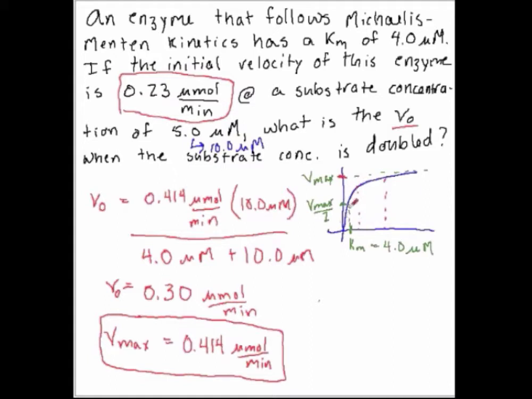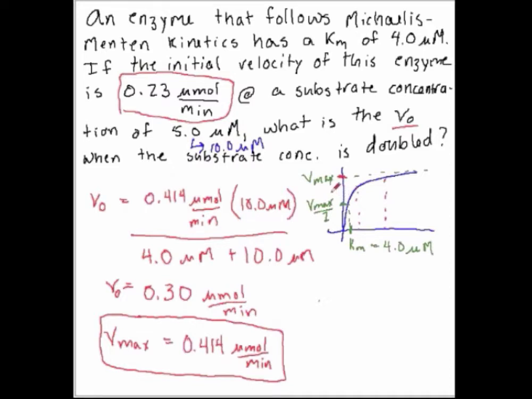No longer are you down in that linear region of the graph. So this is a really cool way to see that graph come to life, checking what sort of change different substrate concentrations cause in initial velocity.